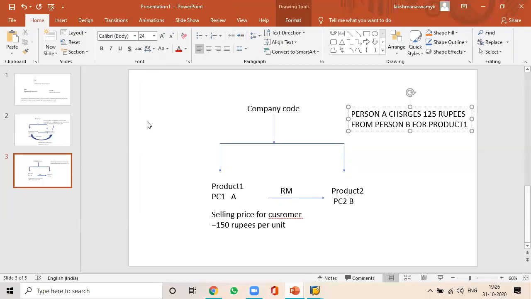Now, for PC1, I mean for the product 1, COGM is 100 rupees only. This is the legal price for product 1.